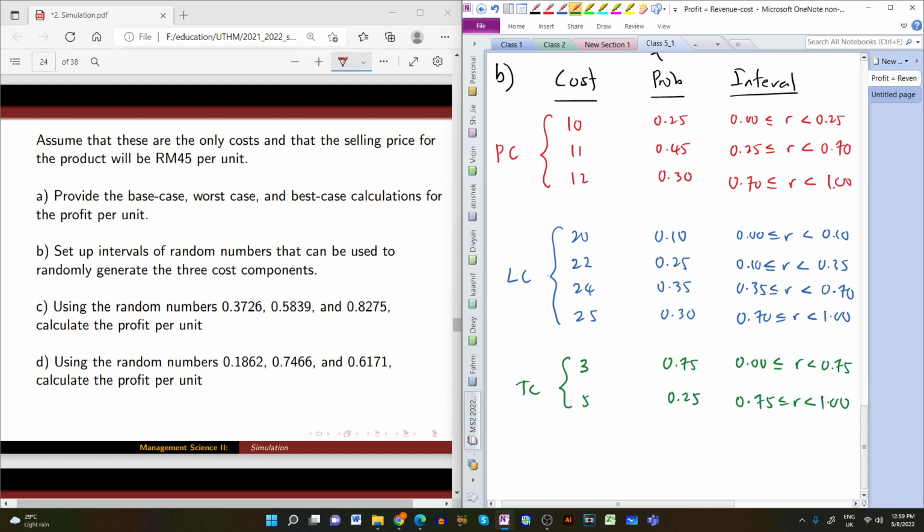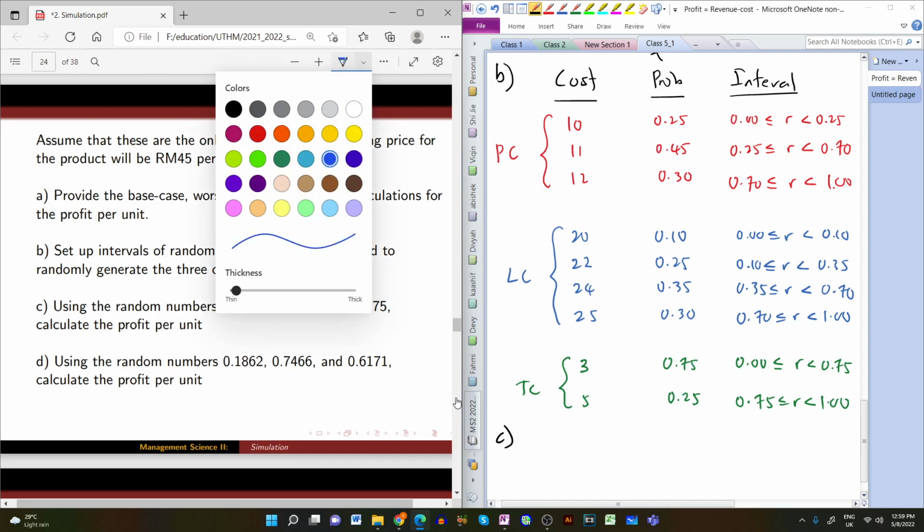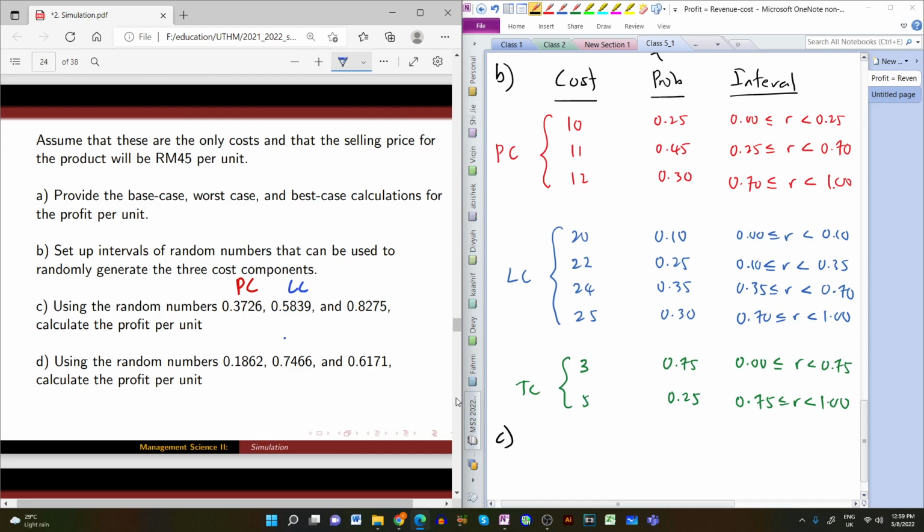So for C, we're going to use these random intervals. Just imagine this is for this random number. Using this random number, we calculate the profit. So this one is PC, this one is LC, this one is TC. Same goes here.